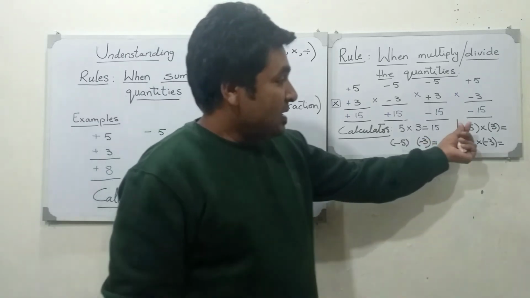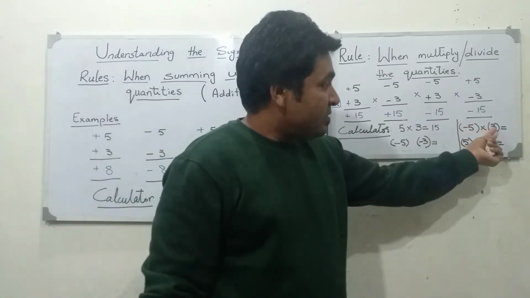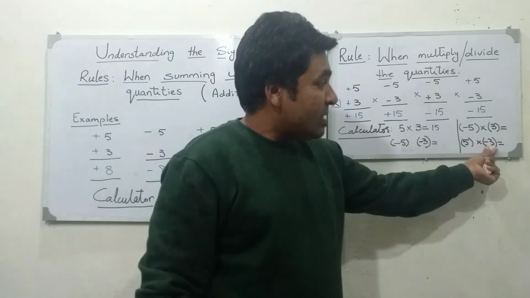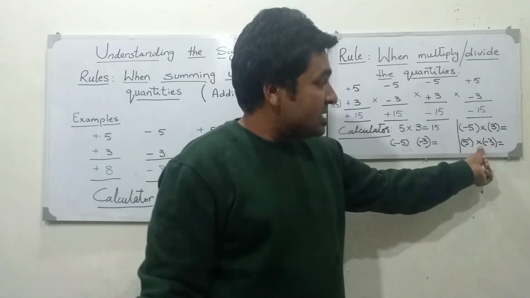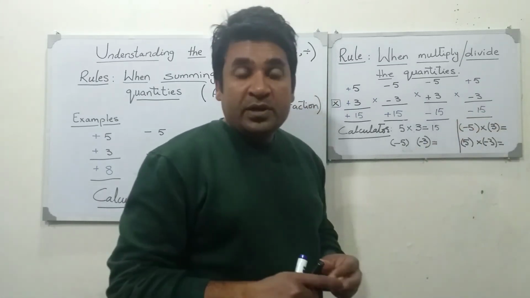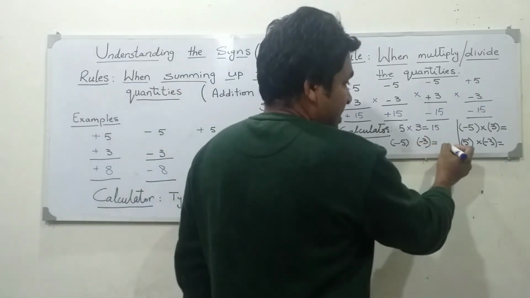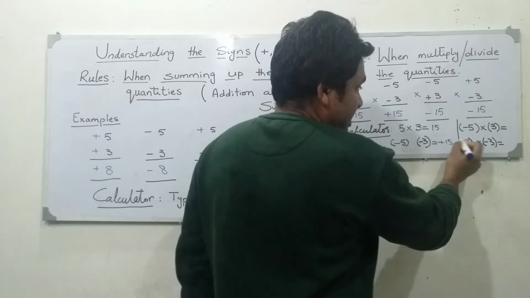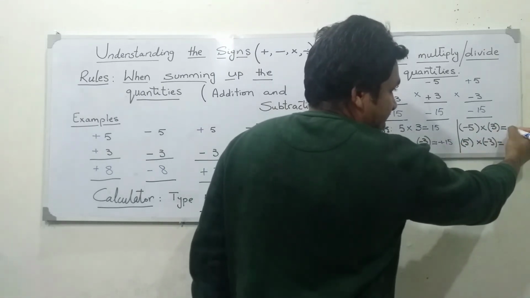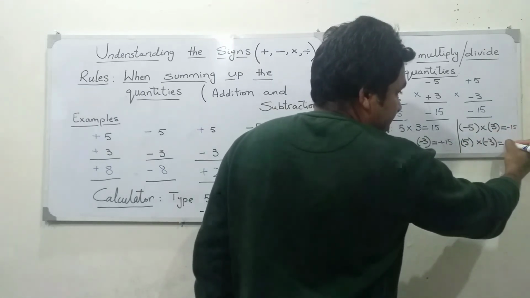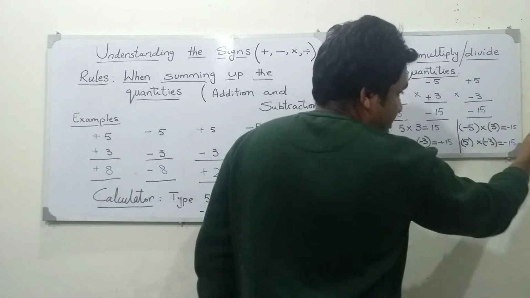So in the same way, -5 times 3, 5 times -3. So this multiply sign or the use of brackets is very important in multiplication or in division. So the answer is 15. Here you will get the answer positive 15. Here you will get the answer -15 on the calculator, and here you will get the answer again -15.